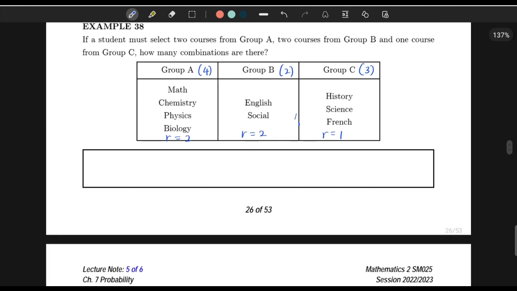So there are 4C2 from group A multiplied by 2C2 from group B and 3C1 from group C. So we have 18 ways we can choose.